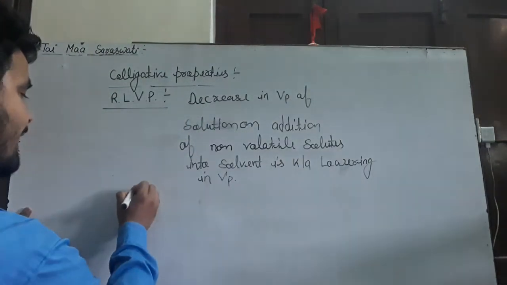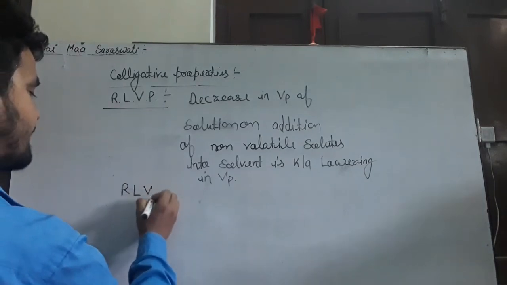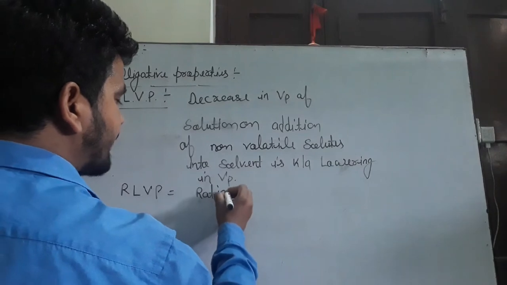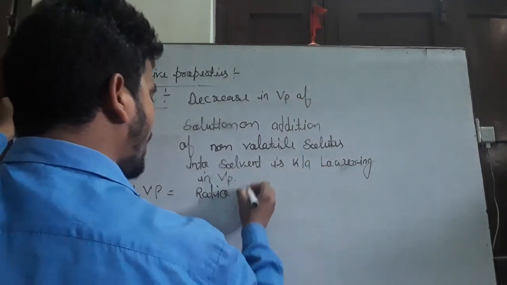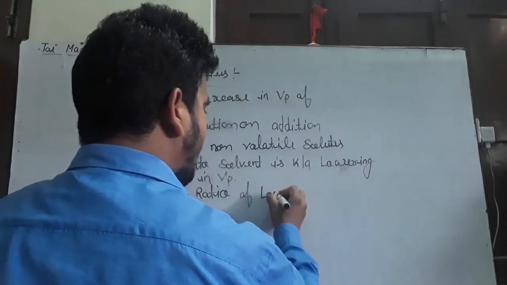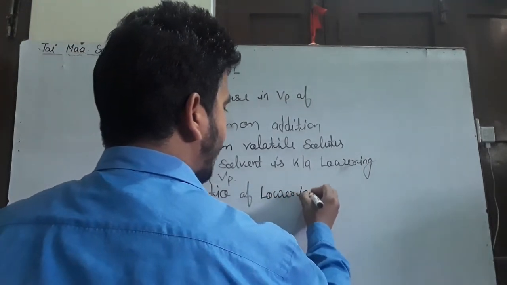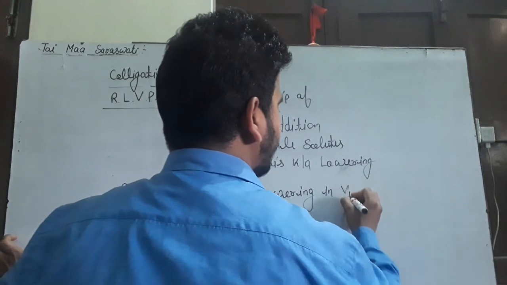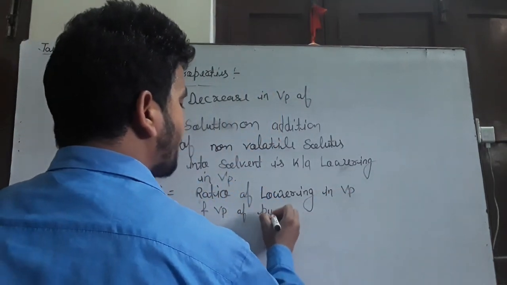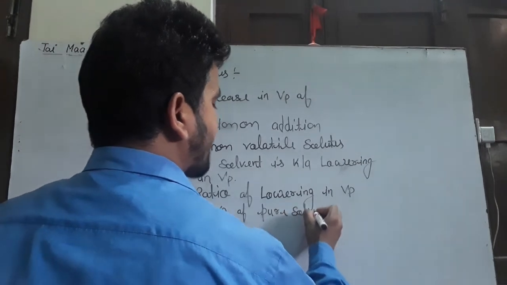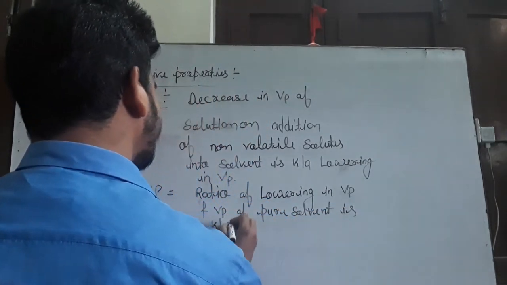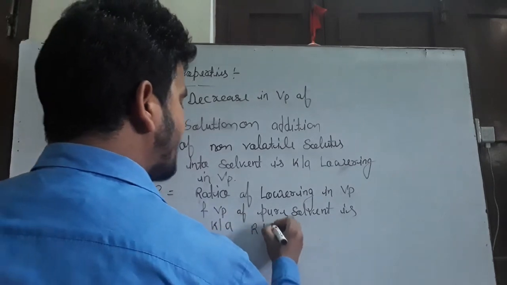What is RLVP? The ratio of lowering in vapor pressure and vapor pressure of pure solvent is known as RLVP.